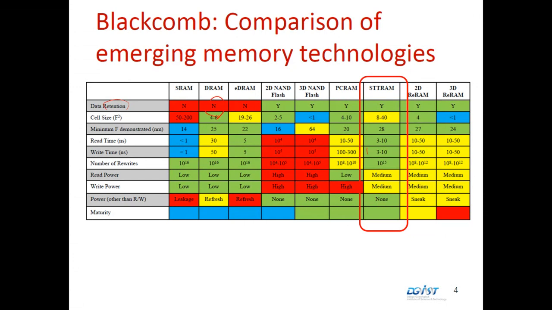Volatile is enough, and they're small and relatively fast. So we are using DRAM for the main memory, but when you store information, you need flash memory.